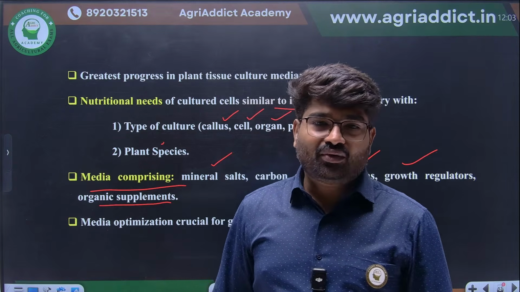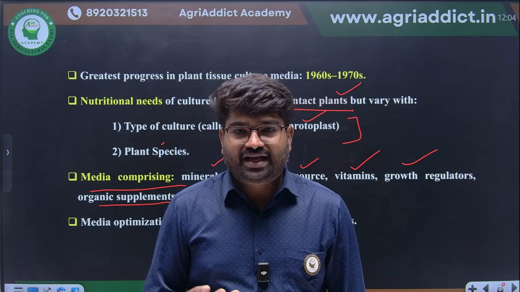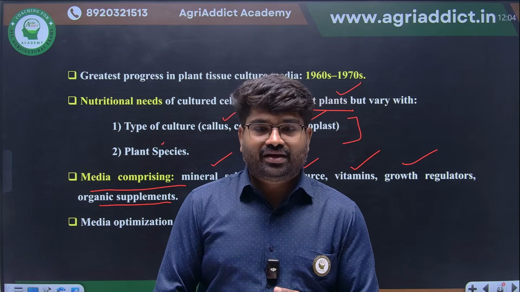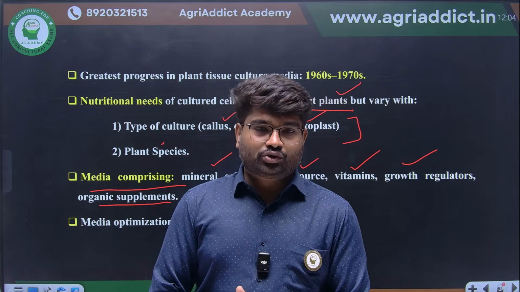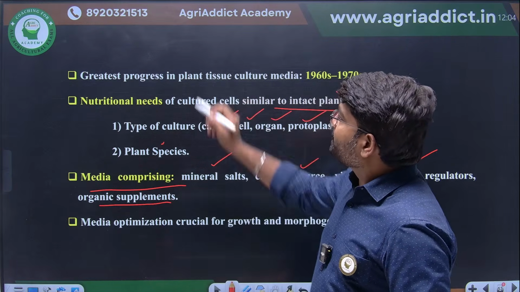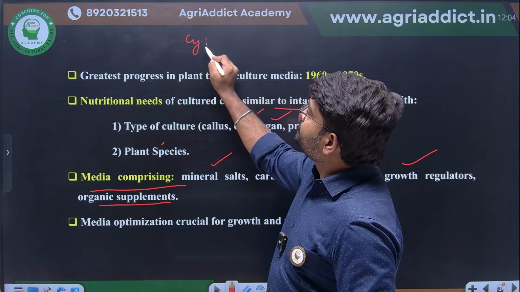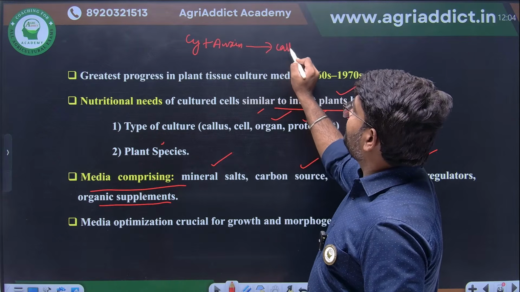This is just for your understanding. What are the different sources of vitamins they are using? Growth regulators, for example, auxin we can use, cytokinin we can use. The ratio will determine the root and shoot formation. This also we have seen. If the cytokinin and auxin ratio is equal in concentration, callus formation will be there.